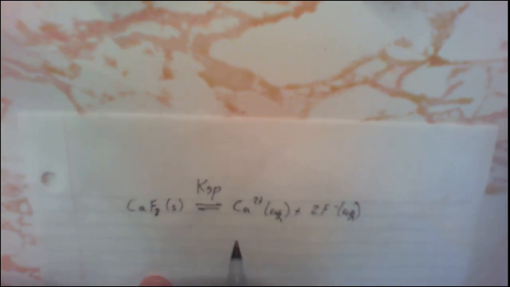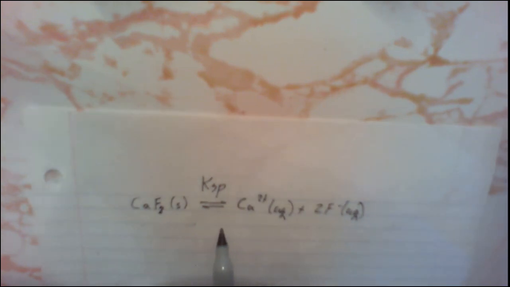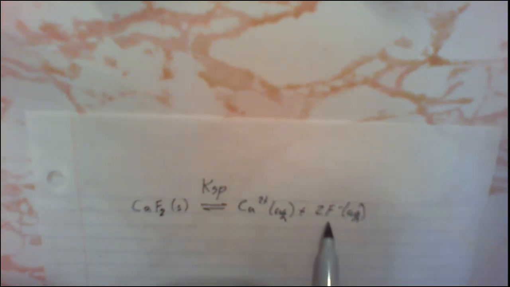Calcium ions and fluoride ions. And the extent to which this reaction occurs is given by the KSP of calcium fluoride. So if this were in pure water or neutral solution, then this is the only relevant equilibria we need to worry about. But if this is done in an acidic solution, then you also have a high concentration of hydronium ions.